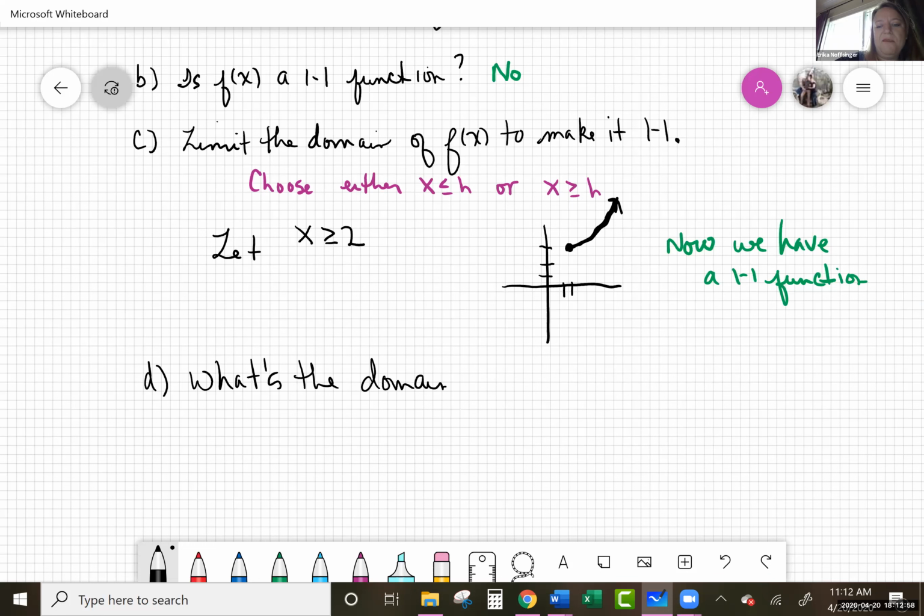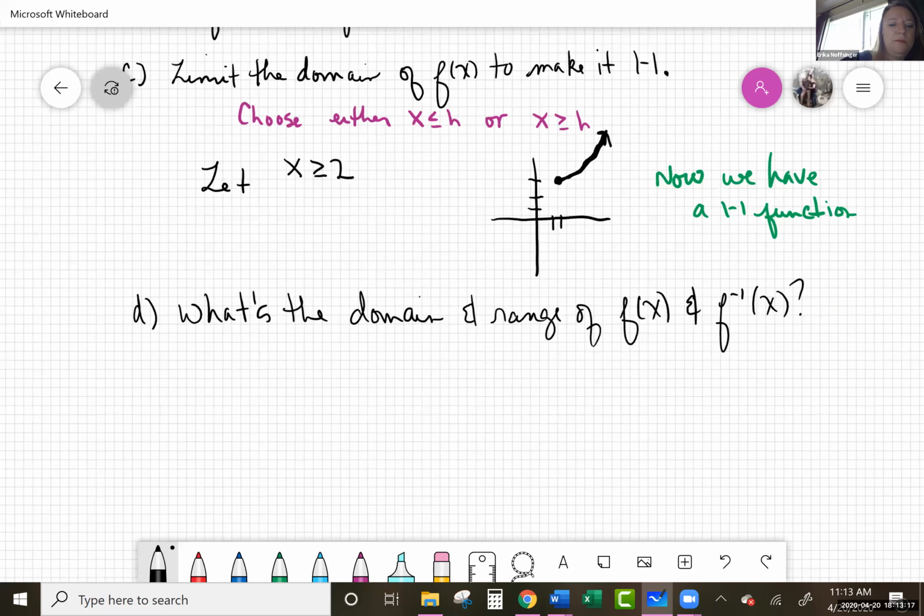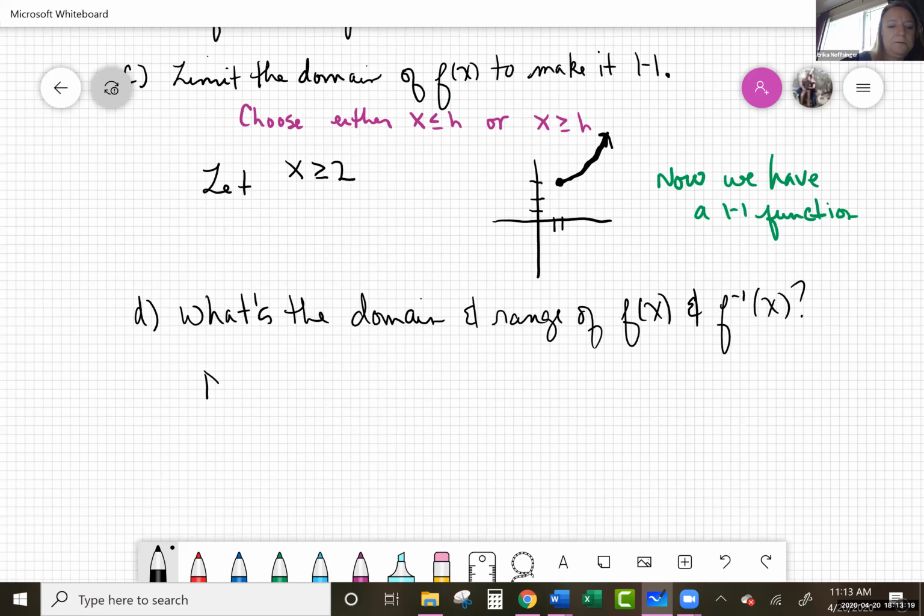Okay, so let's talk about the domain and range. So what's the domain and range of our function f of x and our inverse function? Well, we just made the domain for f of x. So let's just kind of make a table.